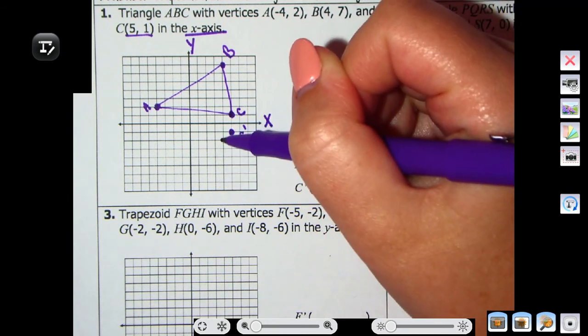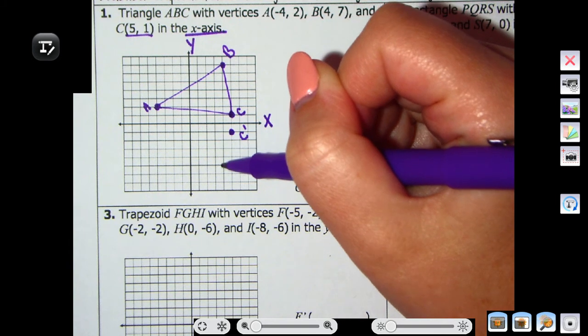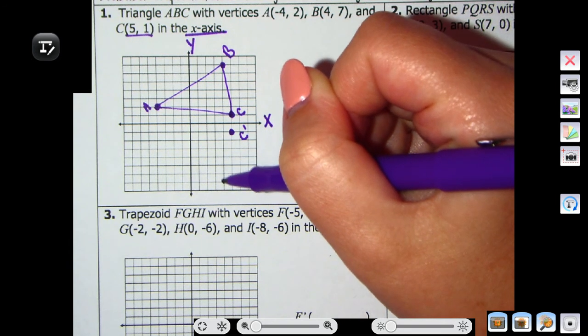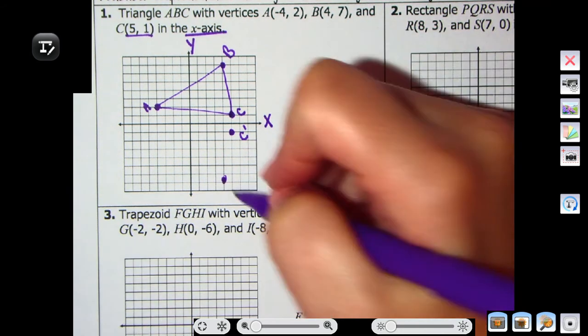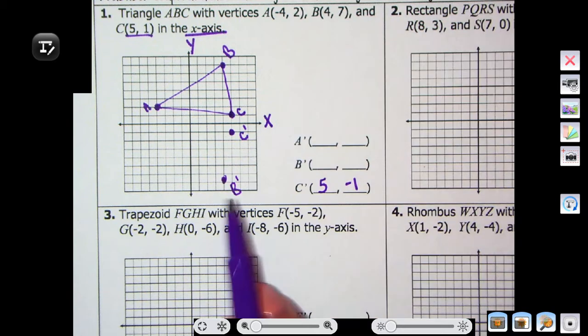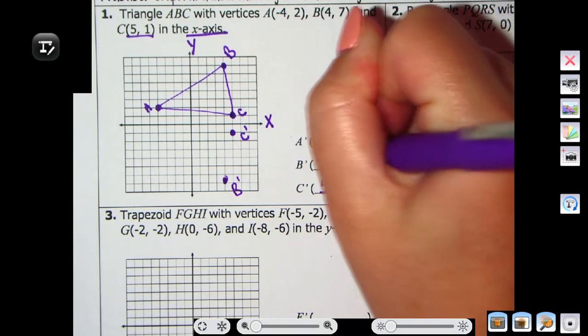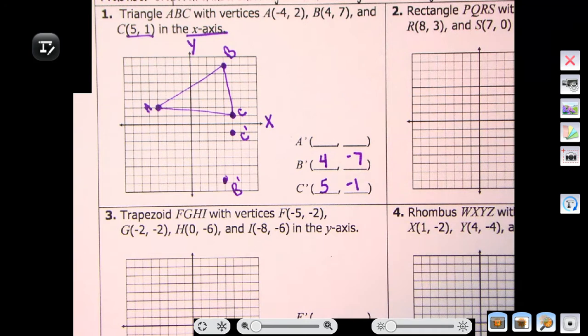So I'm going to count 1, 2, 3, 4, 5, 6, 7. And that's going to be B prime. So my coordinates for B prime are still going to be 4, but now it's going to be -7.